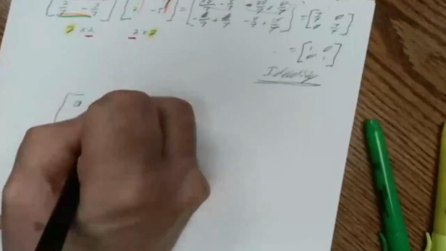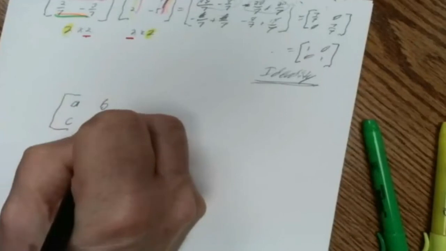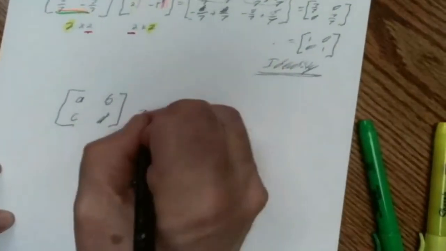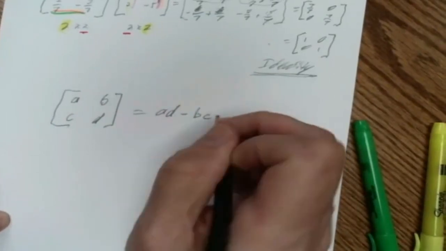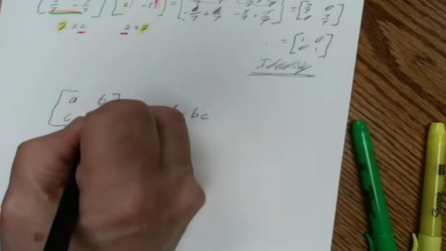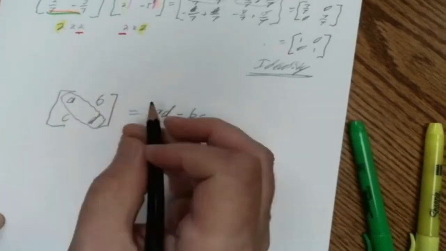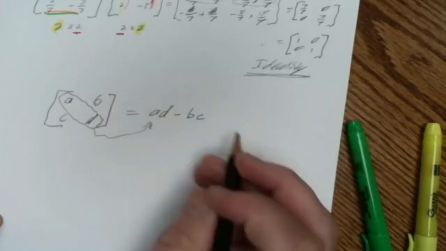Let me put this back up real quick just to refresh the determinant. A, B, C, D. So the determinant for A, B, C, D is AD minus BC. Whatever A and D is, you multiply them together.